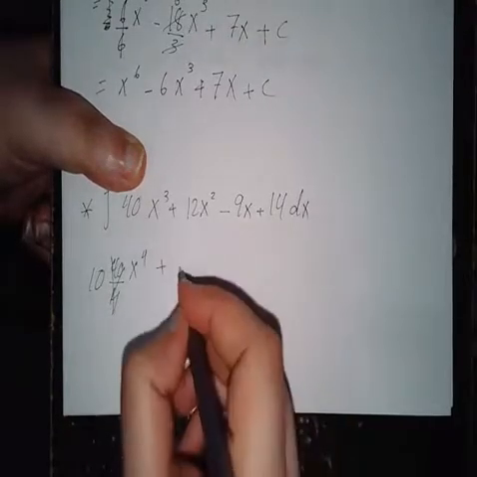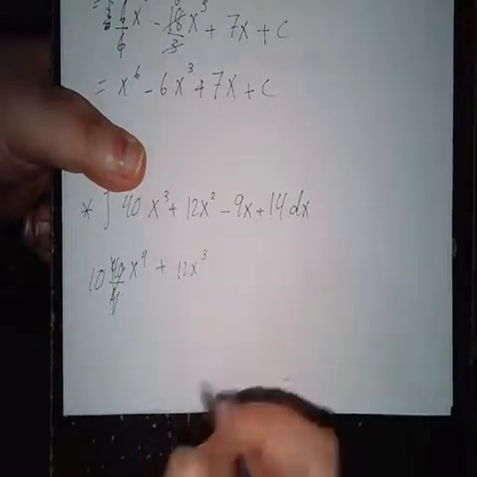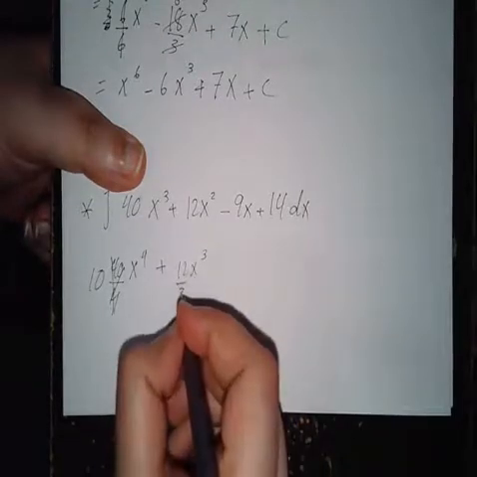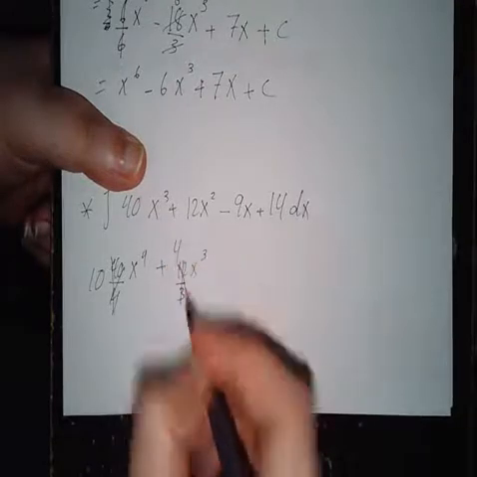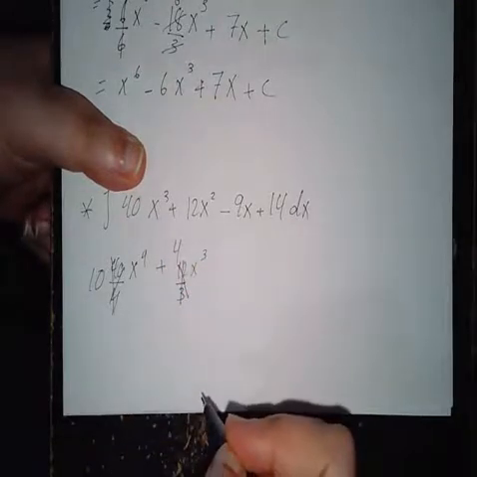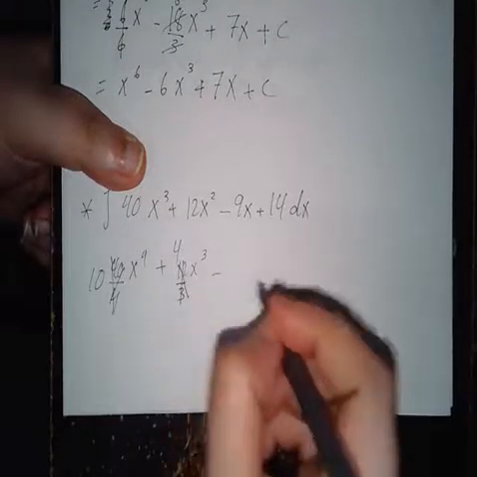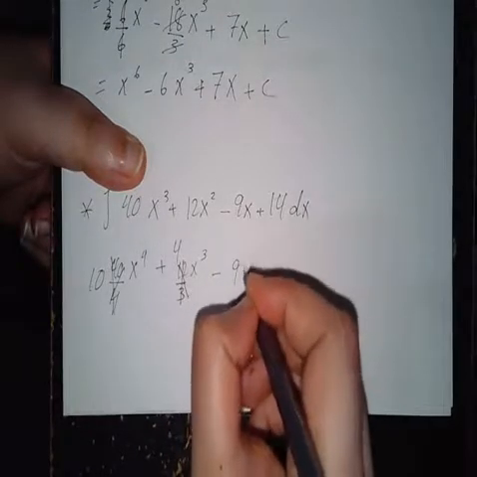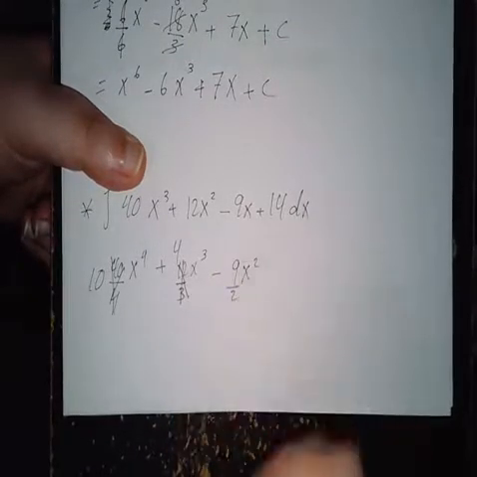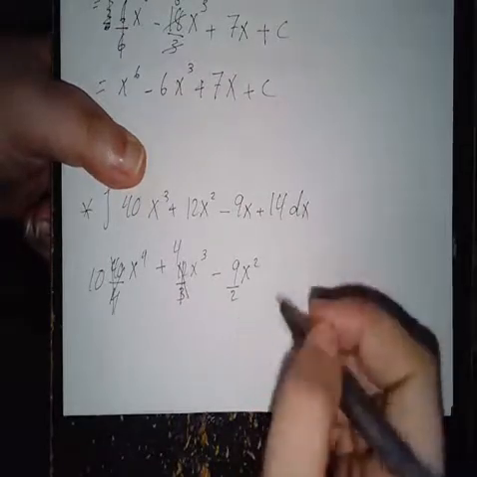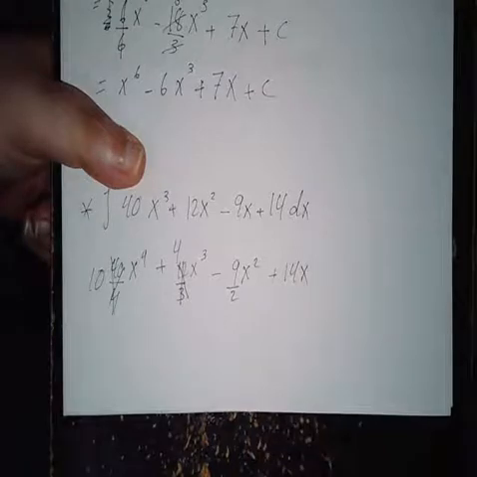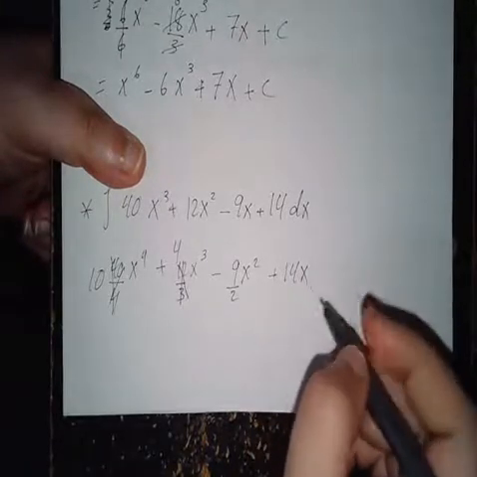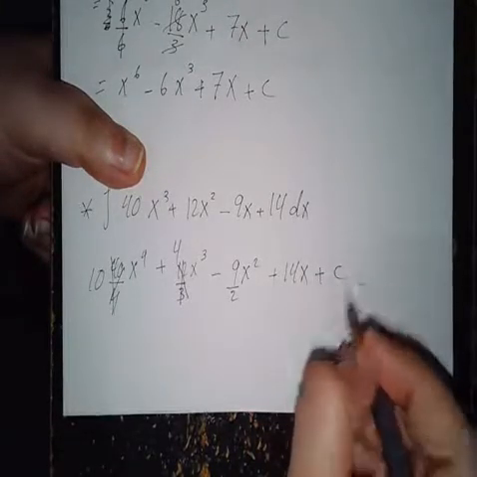Plus, now 12 x to the third, since we're adding 1, and you divide by 3. 12 over 3, that's a 4. So it's 4x cubed minus 9 x to the second over 2. No simplification here, we'll leave it like that. And as far as the number is concerned, you just add an x in there. So it's 14 times x plus c.